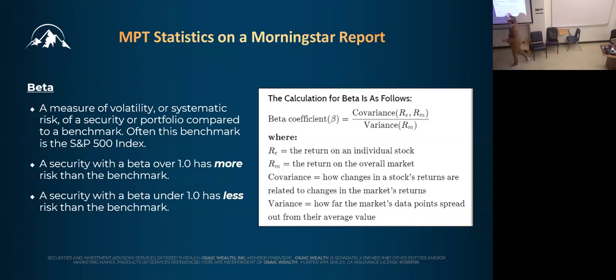That's what we do. So beta is a measure of volatility or systematic risk, market risk, just the risk that there is investing in the market of a security or a portfolio compared to a benchmark. Now, I get so frustrated because sometimes the definition will say a benchmark, but almost every time they will say the market or the S&P 500.